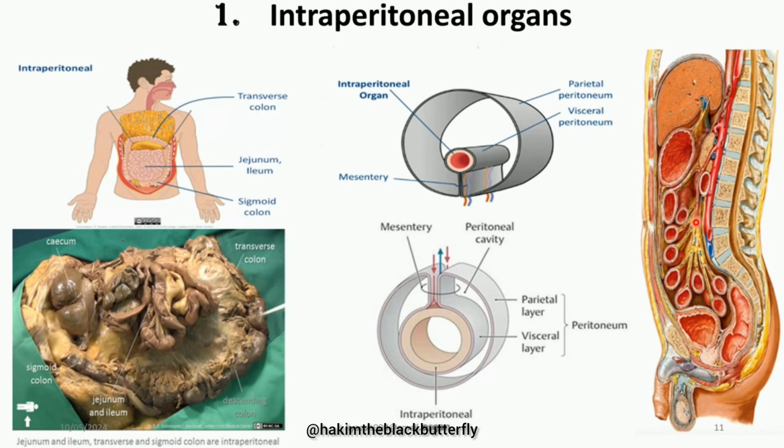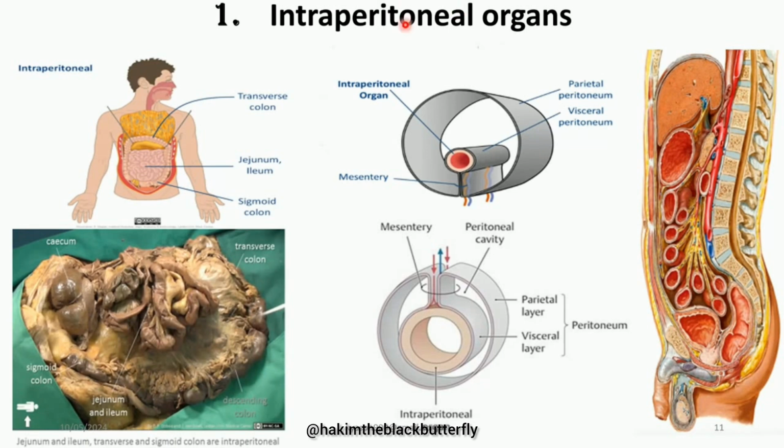It gives off blood vessels that enter the mesentery to reach your coils of the intestines. The veins, the lymph vessels, and the nerves also traverse through this. So it's a conduit for neurovascular structures to and from the small intestinal coils.